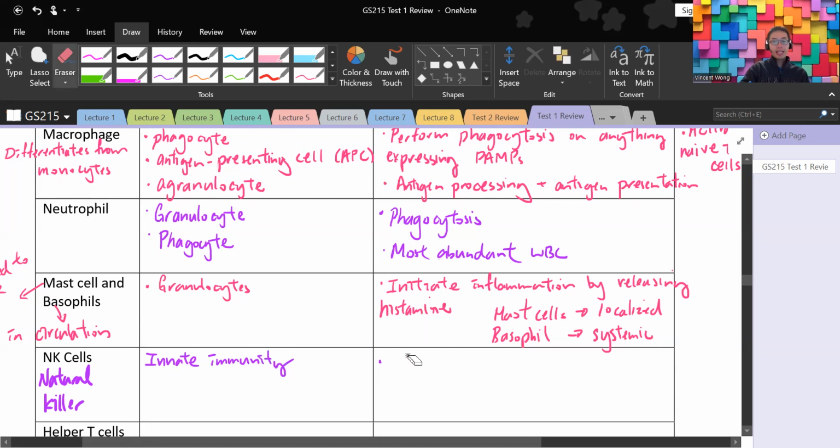The function of NK cell is they would recognize and target or attack, you can say, attack infected cells and cancerous cells. Okay.